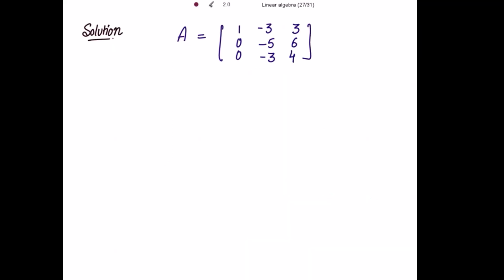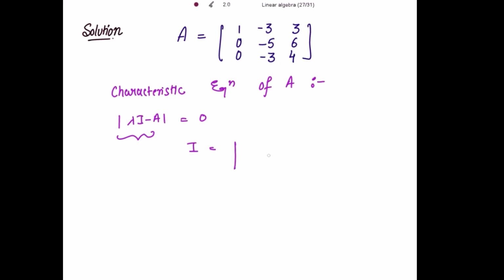We need to find first the eigenvalues for this. For that, just write the characteristic equation first to get the eigenvalues. So the characteristic equation of A is the determinant of lambda I minus A equal to 0, where I is the identity matrix of size 3 by 3, right?